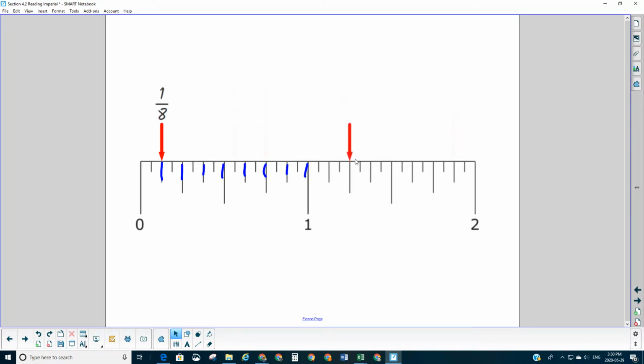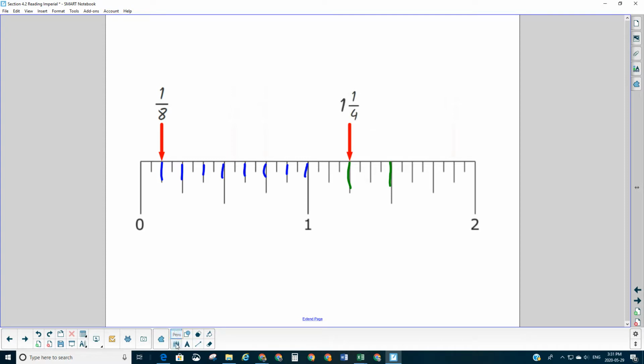Let's look here. Okay, it is more than 1, so we should already see it's 1 and something. And again, I'm going to imagine all the half ticks. So there's 1 and 2. What's halfway in between? There's a half, so that's 1.5. And then this is halfway between here and a half, which is a quarter. So that makes this part 1 1/4. So 1 1/4 inch.